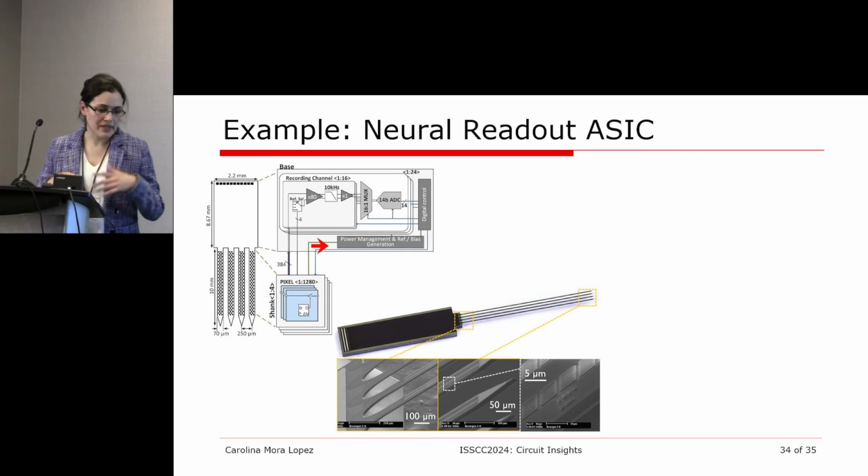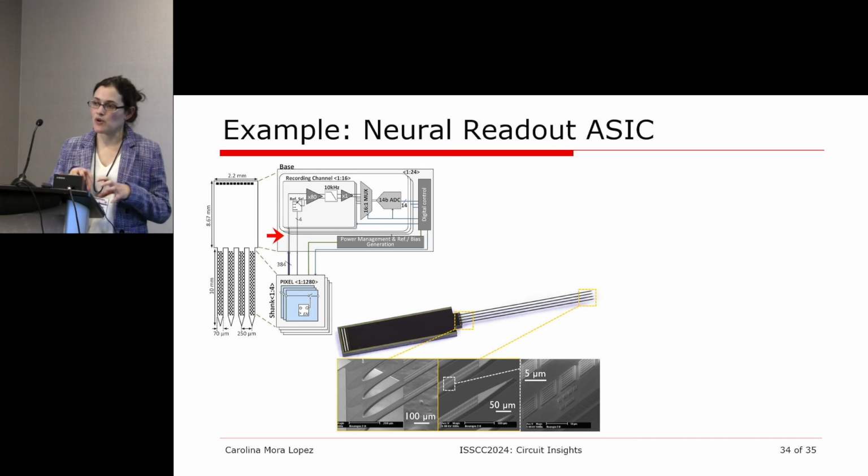These circuits can become very complex. You can integrate many things on chip. You want to integrate your power management, maybe some digital control, some digital signal processing as well. So this becomes what they call a system on a chip, a very complex chip that can do all the functions that are required on the chip itself.